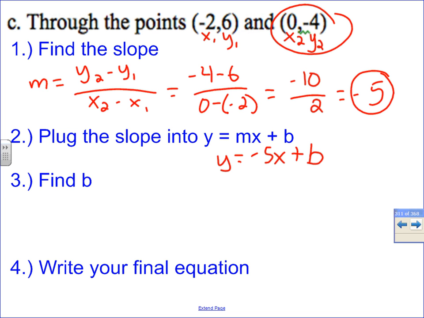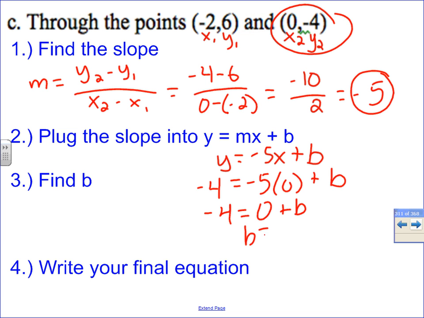But if you're not given the y-intercept, let's pretend like that wasn't the y-intercept. You would pick a point, plug this in for x, plug this in for y. So look, -4 equals -5 times 0 plus b. -4 equals 0 plus b. So yes, we know b is -4. We got that just by looking at the ordered pair.